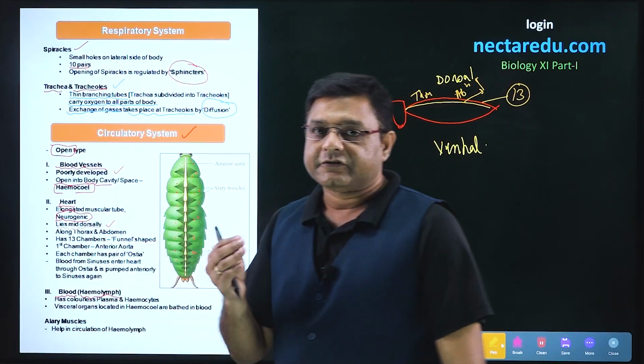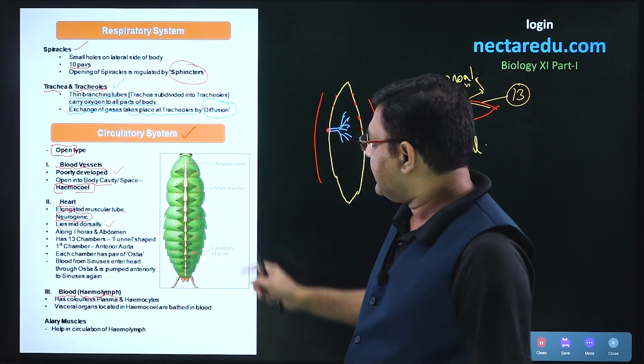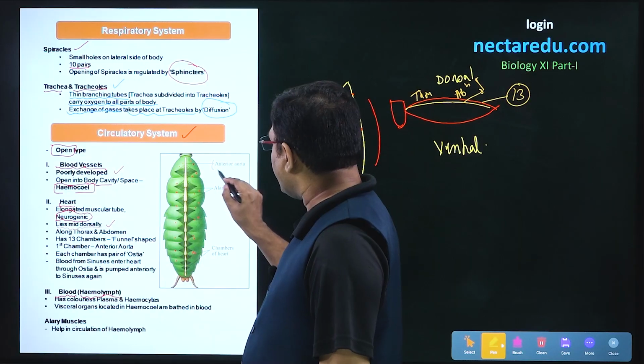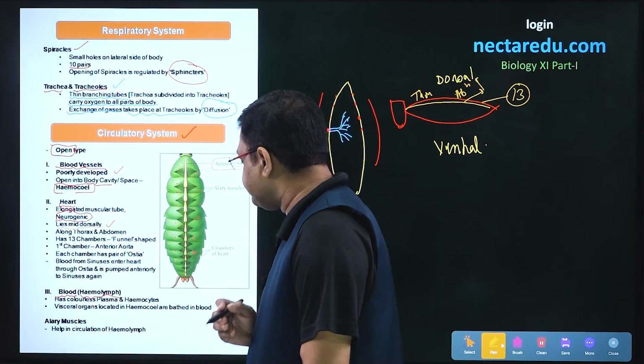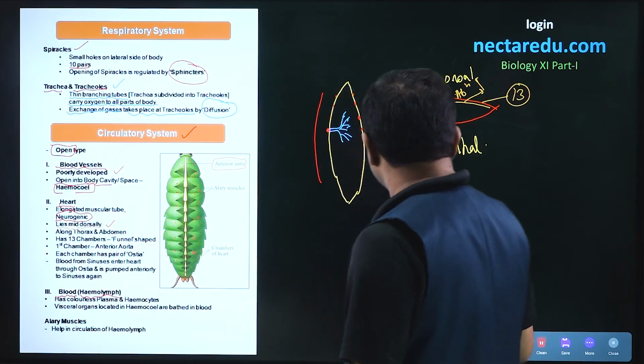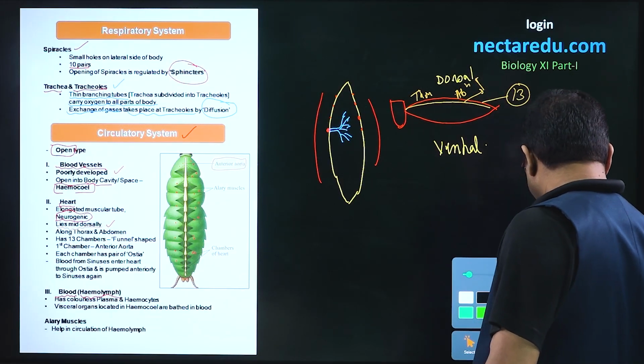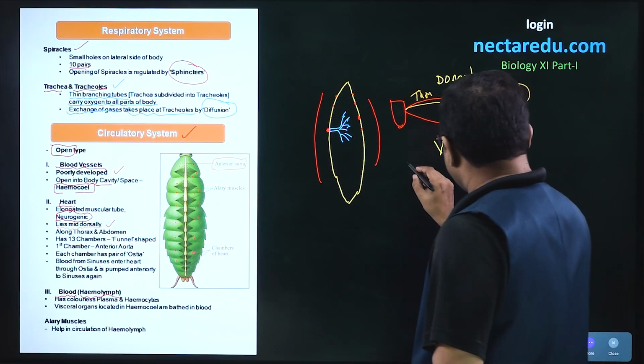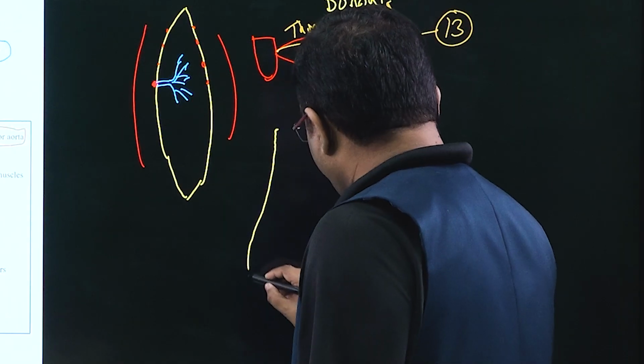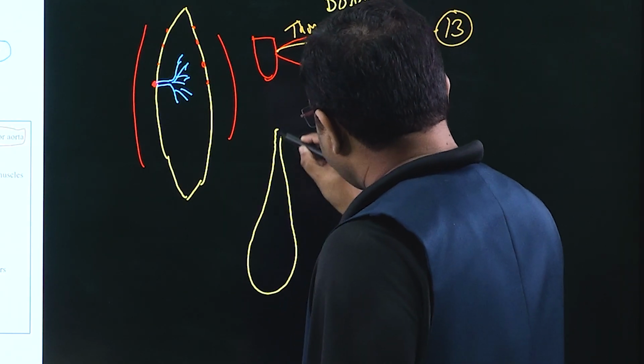Each chamber is funnel shaped, and the first chamber is called the anterior aorta. If we see this particular chamber, this is the shape of a particular chamber.